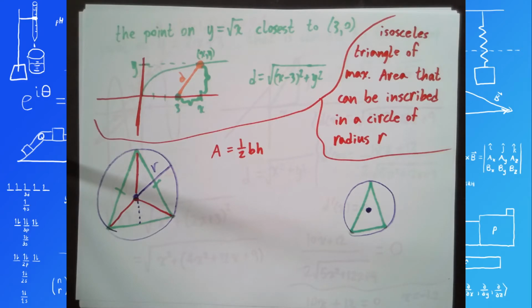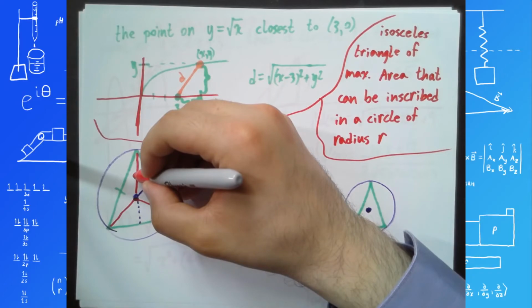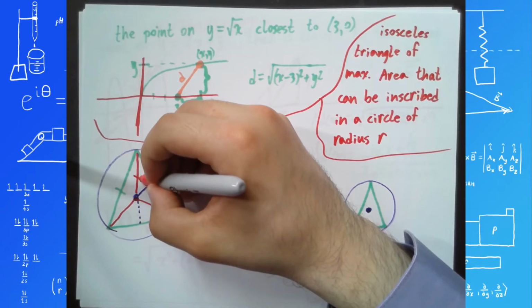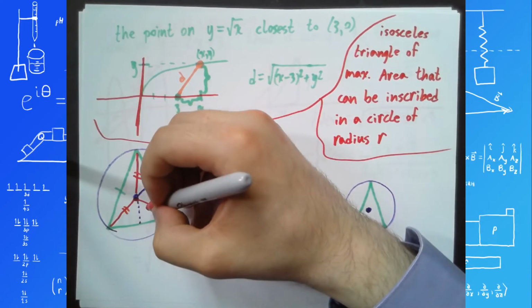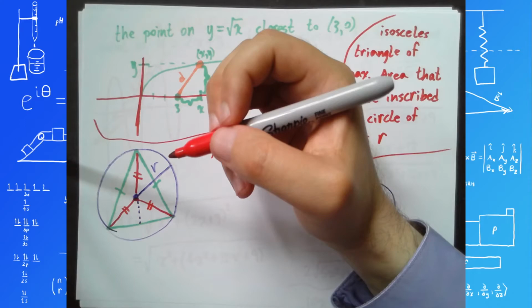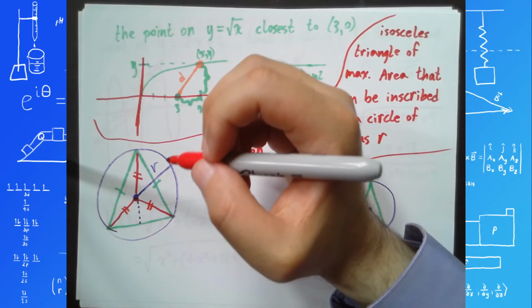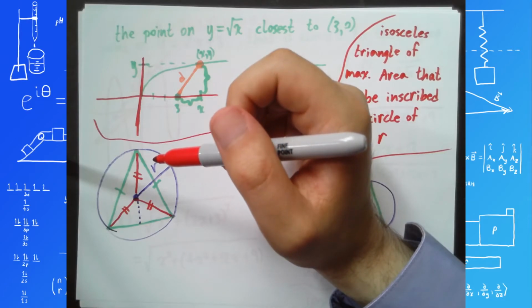So I know that since these radii are equal, I know that this, well, I'll use a double line for those, that creates 3 more isosceles triangles. Does that help us in any way?